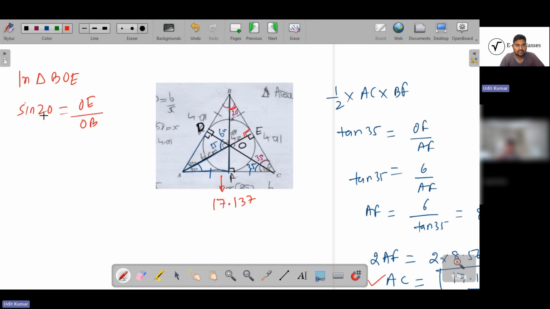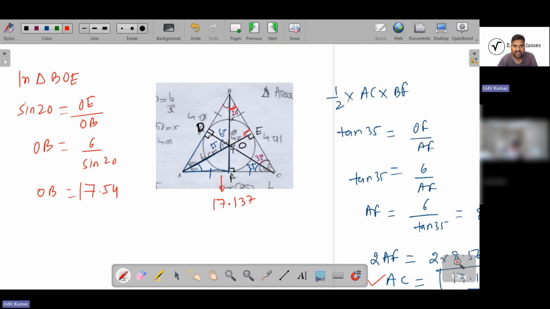So sine 20, so OB is equal to OE, which is 6 by sine 20. Please tell me the value of OB. 6 by sine 20 is 17.54.